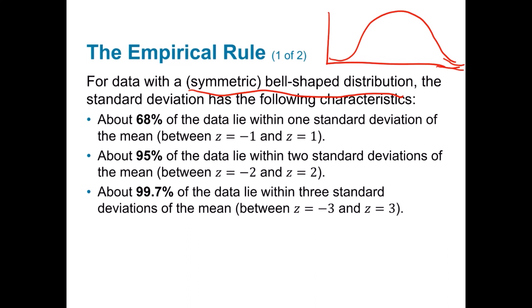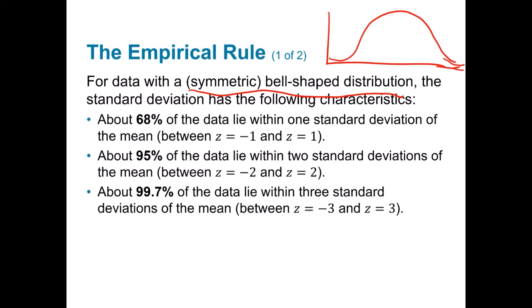Because that's all that's left over. So it's a tiny, tiny chance you're going to have a z-score bigger than 3 or smaller than -3. So most of your z-scores are going to be between -3 and 3.